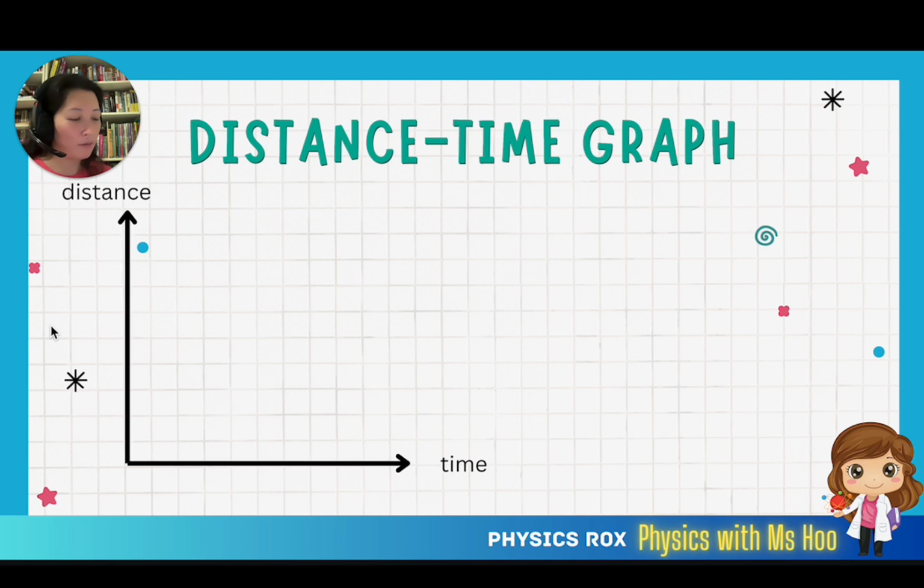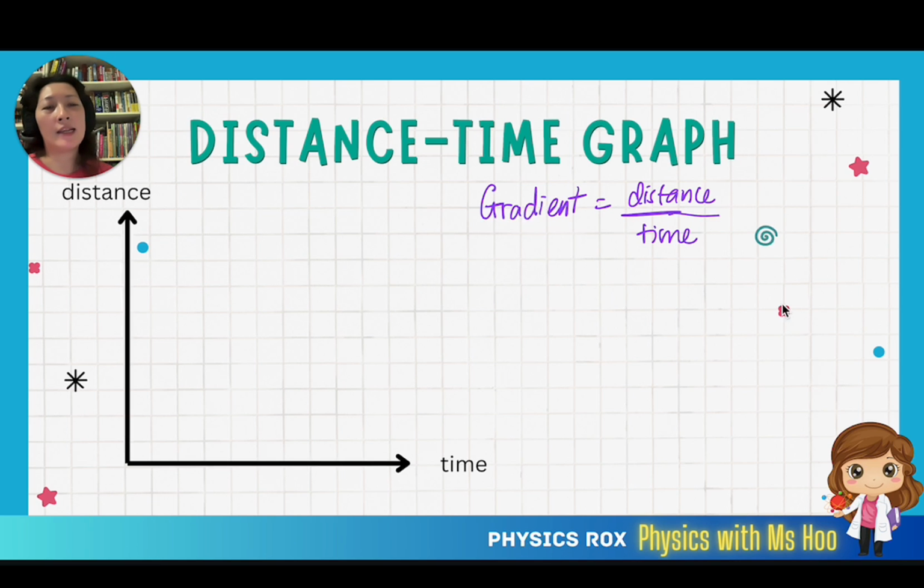So if you recall what we had written earlier, the gradient is equivalent to whatever is on the y-axis over whatever is on the x-axis. So if we look at this graph, you'll find that distance is on the y-axis. So I'm going to replace y with distance. Time is on the x-axis, so that's going to replace x in this formula.